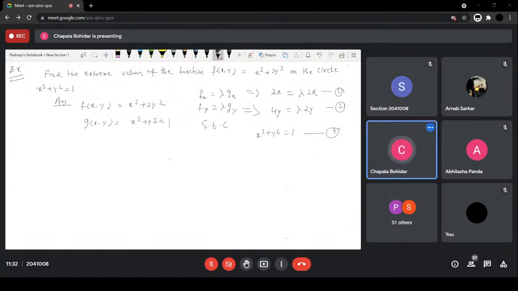We have 3 equations and 3 unknowns, so my aim is to find the values of x, y, and lambda. Equation 1: 2x is equal to lambda into 2x, so what is the value of x?